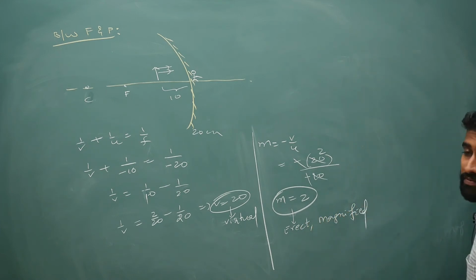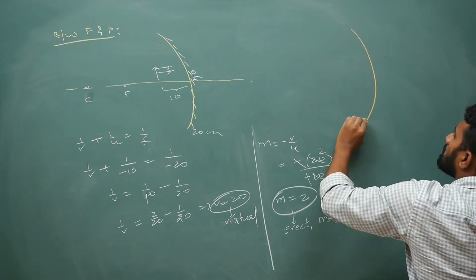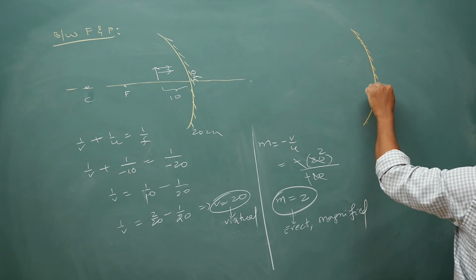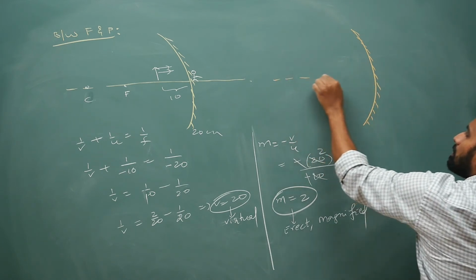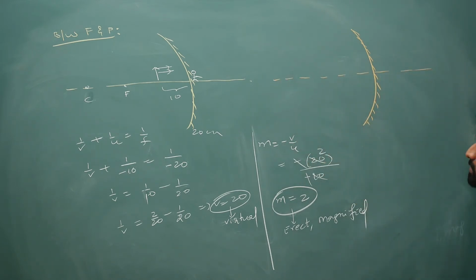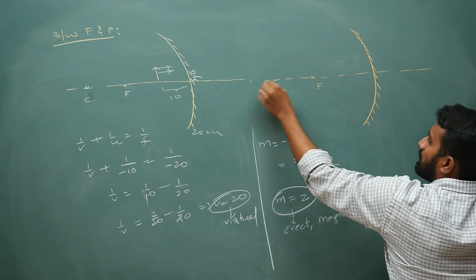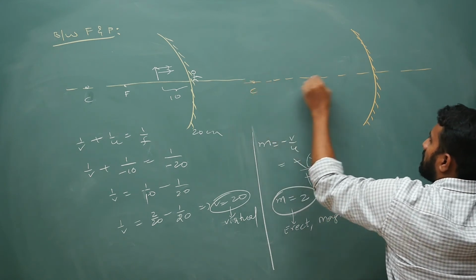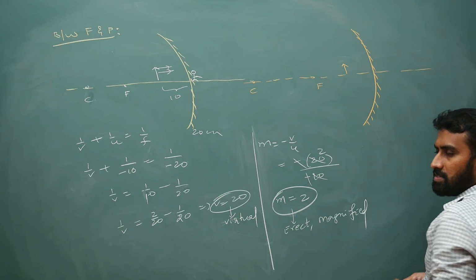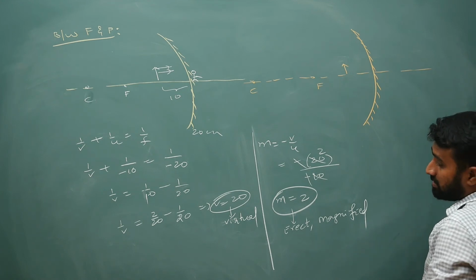So now observe the image diagram carefully. This is your mirror and principal axis. This is your focus. This is your center. You have placed the object here. You got the image at which point?